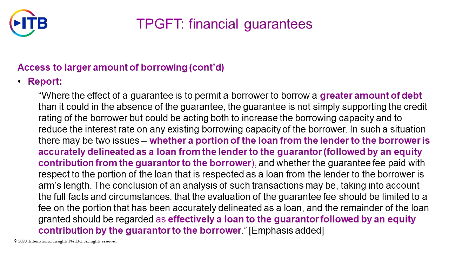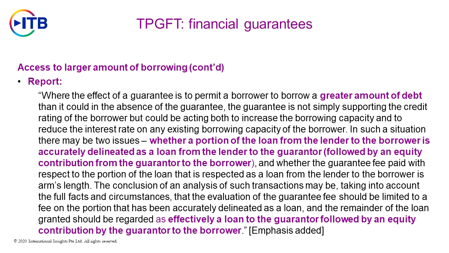The report says this: where the effect of a guarantee is to permit a borrower to borrow a greater amount of debt than it could in the absence of the guarantee, the guarantee is not simply supporting the credit rating of the borrower, but could be acting both to increase the borrowing capacity and to reduce the interest rate on any existing borrowing capacity of the borrower.